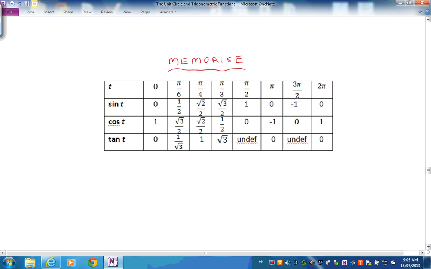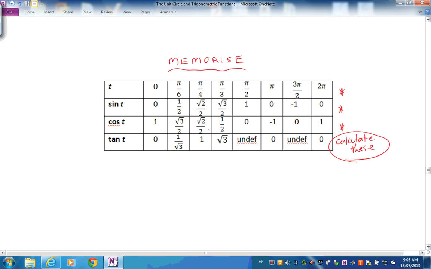So you must memorise this table. It's what we've just done. Here the angles are across the top here, and then the sine and cos should be memorised. You can calculate the tan values from those memorised values if you like. They are not as important because you can work them from the others.